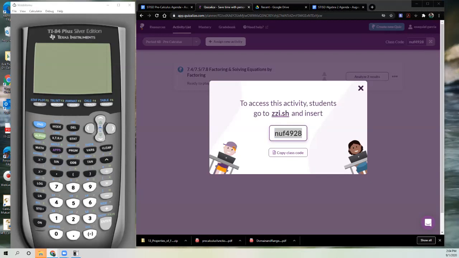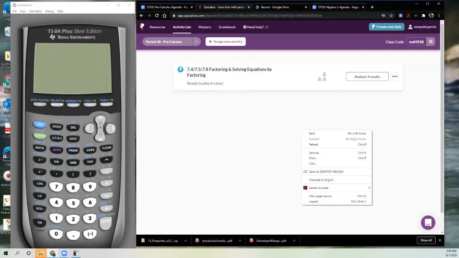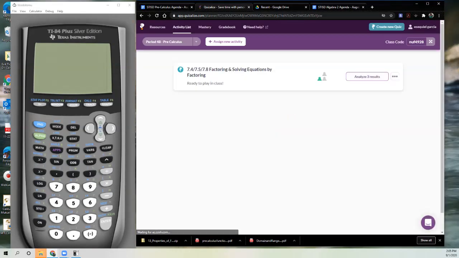The way you log in is your email at mystisd.net, and your password is your ID. Right now I only have 3 people that have logged in. So who hasn't been able to get in?